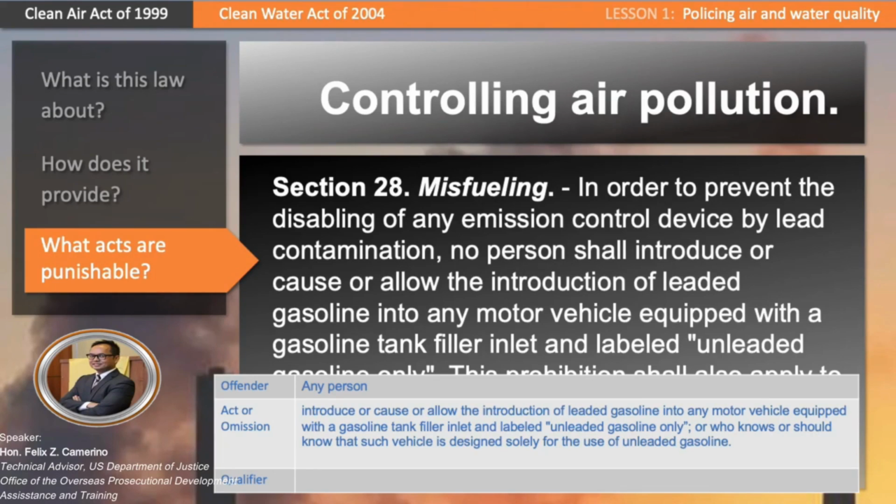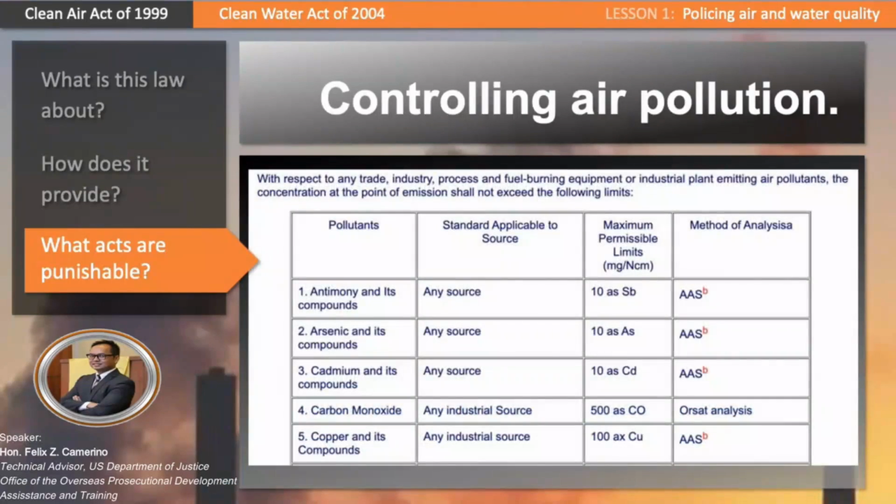The third thing I want to show is a little bit more complicated, but more conclusive, I would say. This is a standard that's set in one of the provisions.